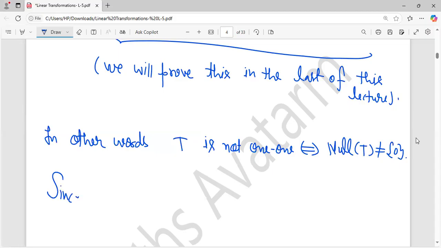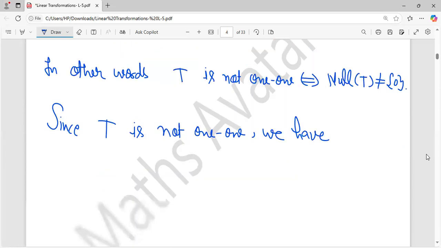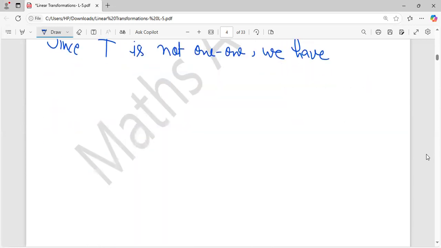Since T is not one-one, we have the null space of T not equal to {0}.